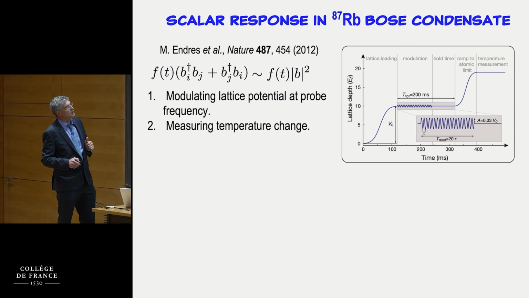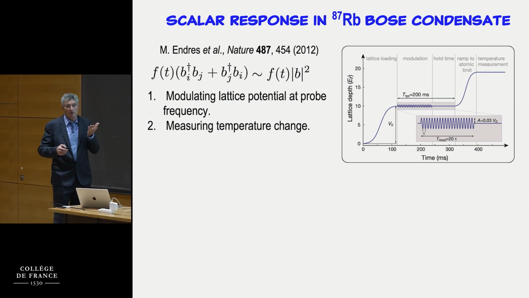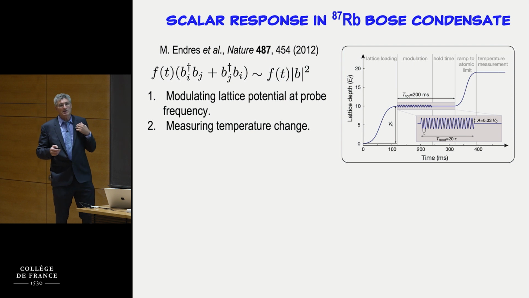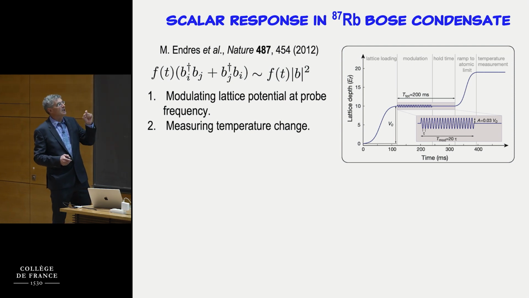This is this modulation. And then he stopped, and then he essentially measured the temperature after a while. In other words, he localized the bosons, and he asked, what is the temperature? So what all this does is measure the energy absorption of the system, having been exposed to a modulation at a certain frequency, which is controlled.